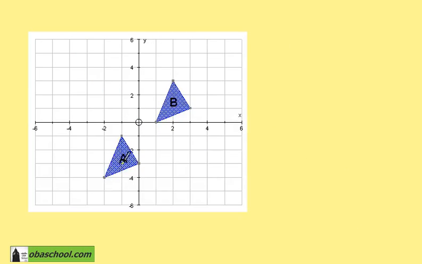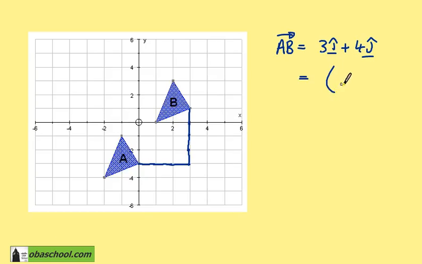As a second use for these vectors, consider moving triangle A to triangle B. We need to go 3 units across and 4 units up. So we can describe going from A to B as 3i plus 4j, or as a column 3, 4.